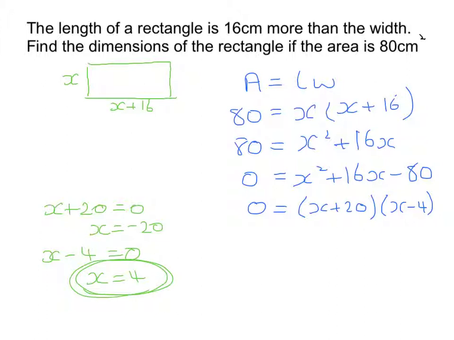So in our case here, the width will be equal to 4, and the length is equal to 16 plus the width, which is 16 plus 4, which is equal to 20. And both of those units are in centimetres. That's that question, so let's move on to the next one.